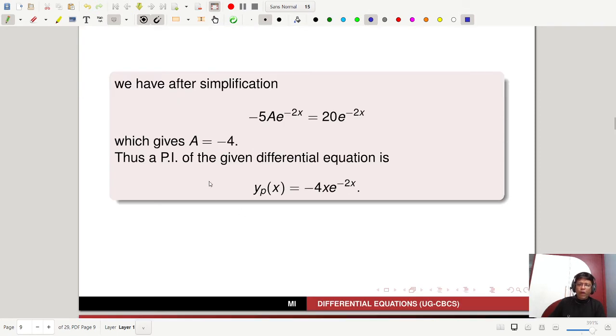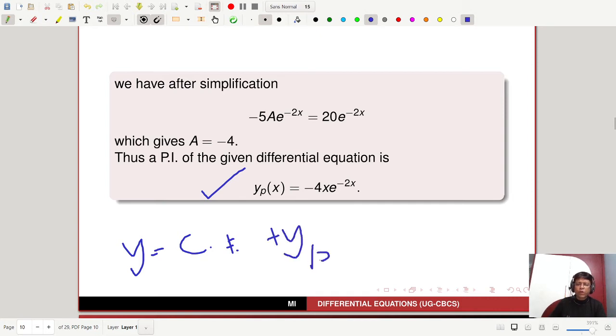So your yp of the given differential equation is yp equal to minus 4x e to the power minus 2x. That is your answer. And your complete primitive will be y equal to yc plus ypx. So this is your complete solution.